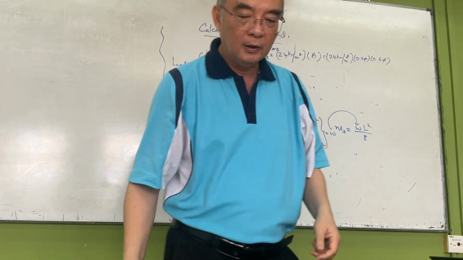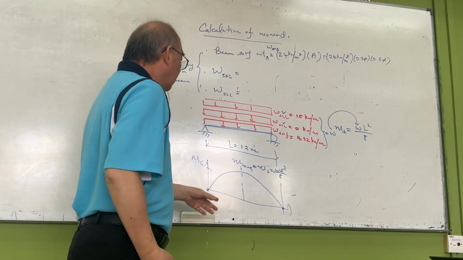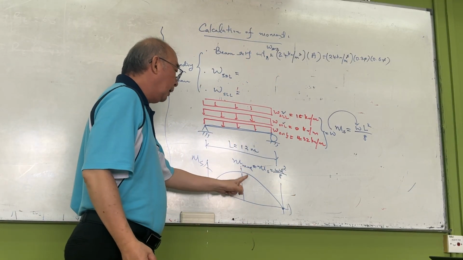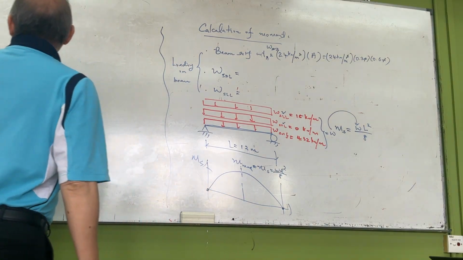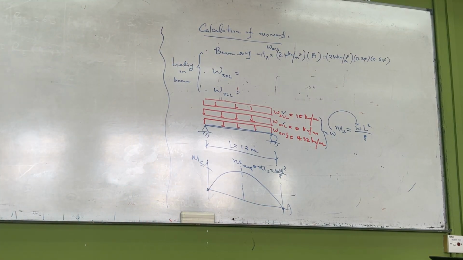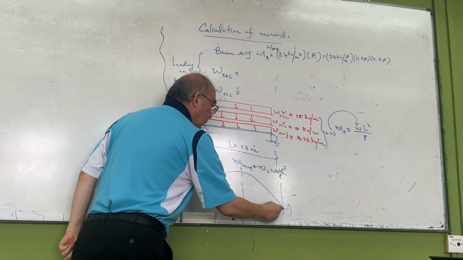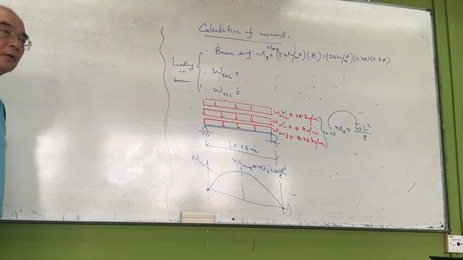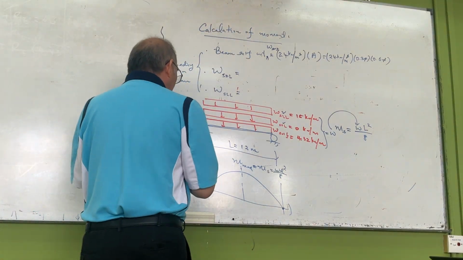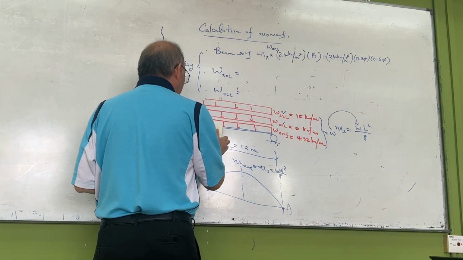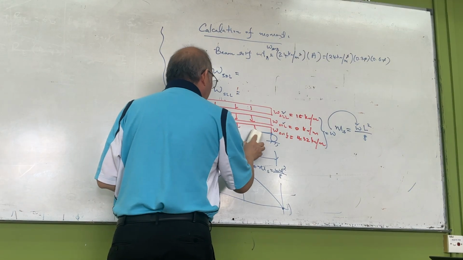Why do I highlight to you the midspan and the support? Because we need to do the calculation of concrete stresses at midspan and at the support. Okay, let me draw this beam bigger.